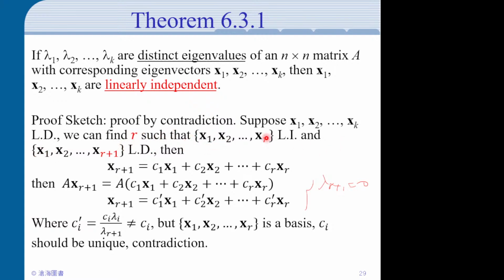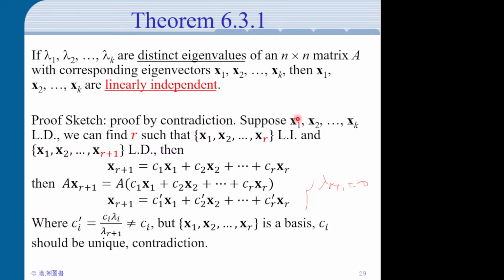So there is dependent, back to independent, and back to dependent, because we are trying to find a subset inside. The idea is we are looking for R from 1 to k, so we look at bigger and bigger subsets of x1 to xk.